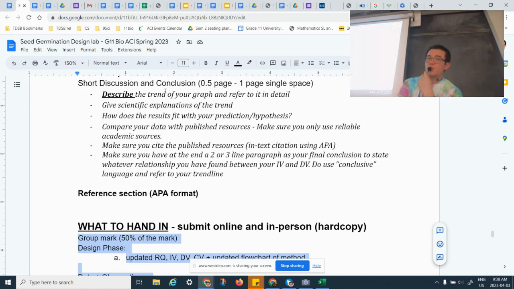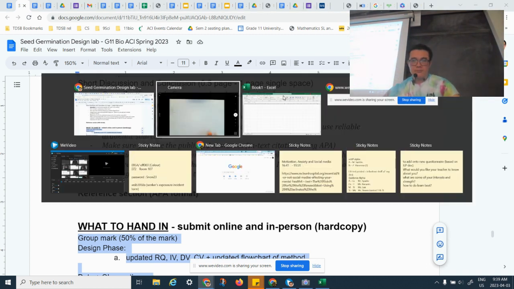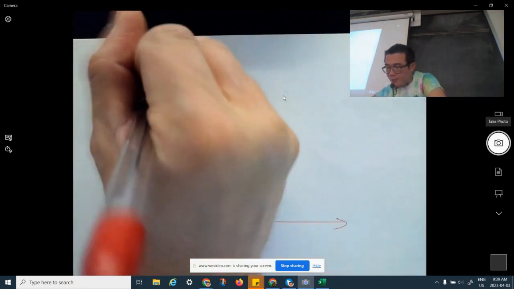First off, you describe the trend of your graph and refer to it in detail. What I mean is this. I'm just making something up right now, okay?